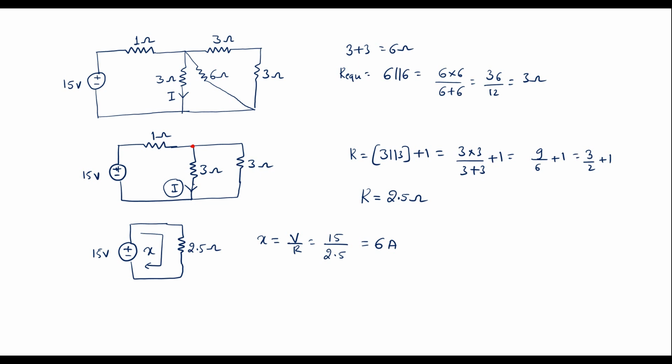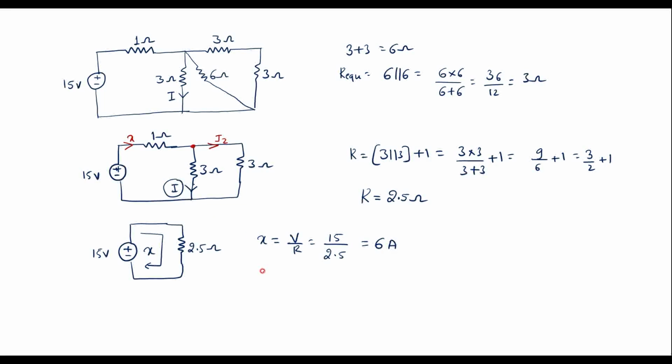So now here we can observe that X is the total current drawn by the voltage source. At this node, the current will divide. Part of the current will flow through this 3 ohm resistor. Another current, I will call it I2, will flow through this 3 ohm resistor. We are supposed to find I. So now I can apply the current division rule.